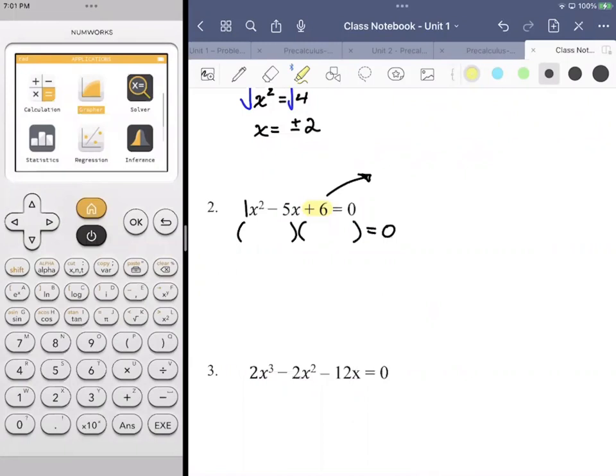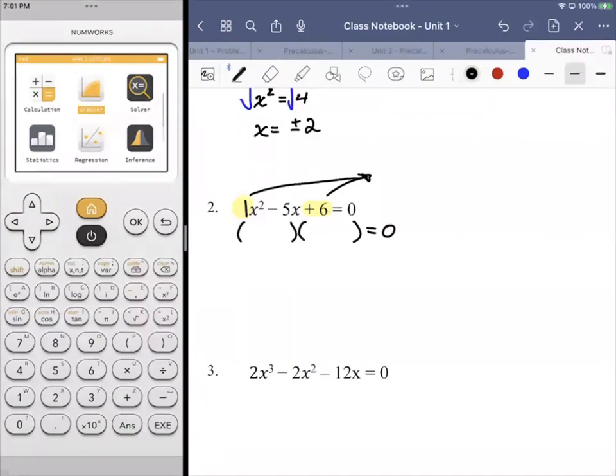That's a good technique, but it's really going to be derailed if you have a leading coefficient other than 1. So what we do is we look for all of the factors of the product of the first and last coefficient specifically.